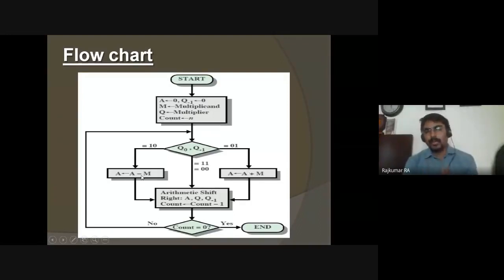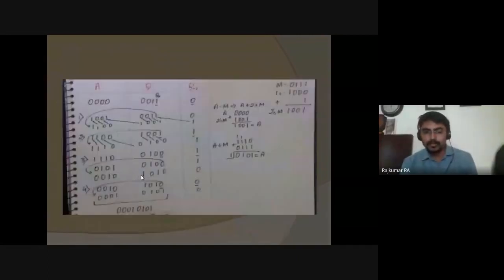Okay, so this is what we have to do, and a new value will be coming for a, and after that new value we have to shift it with the right shift. Okay, so whenever the q0 value goes to a again, the last value, then we have to shift it, and q minus 1 will be getting a new value. So this is what I am doing here.